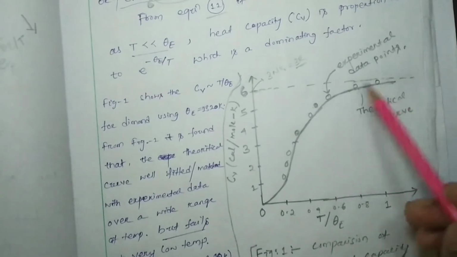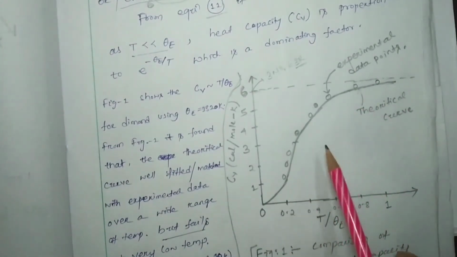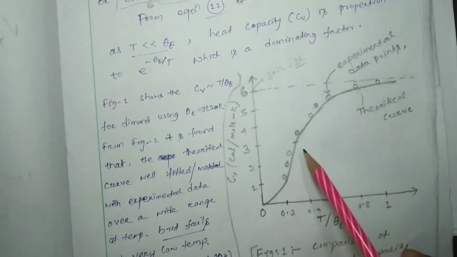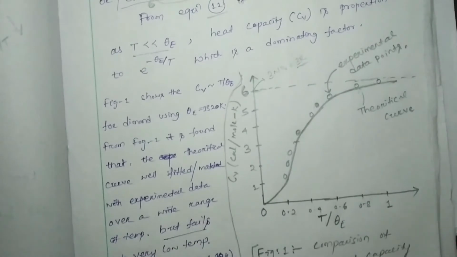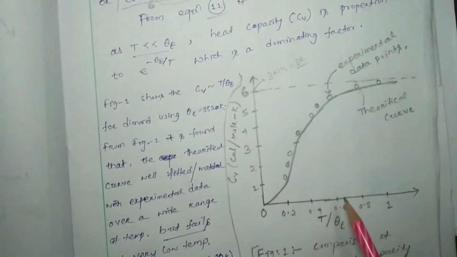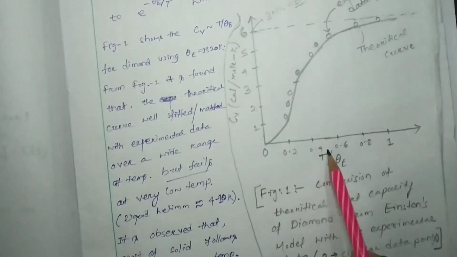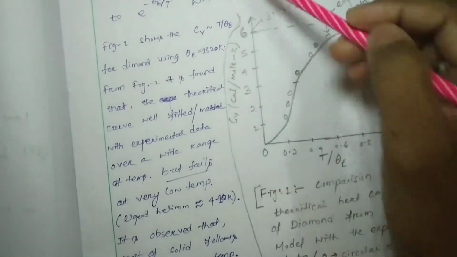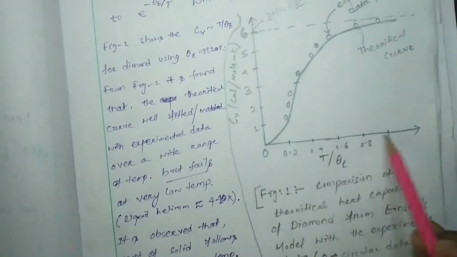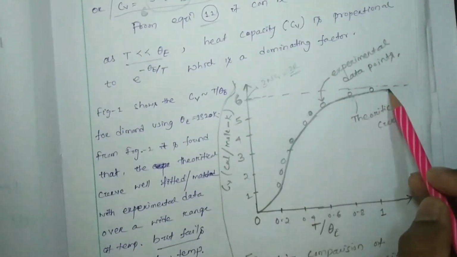This is an example. This curve is a representation of a crystal, that is diamond. This is the data of a diamond. From this graph we find that, with T by theta e along the x-axis and Cv along the y-axis, as we increase the temperature, at higher temperature it approaches 6.